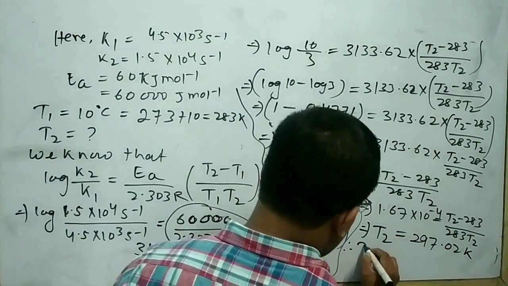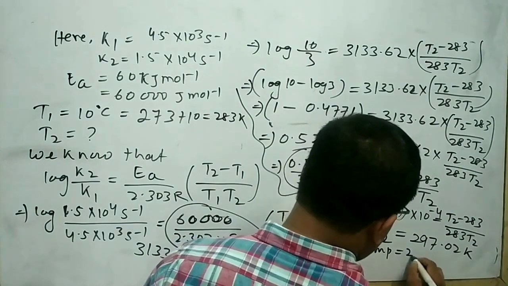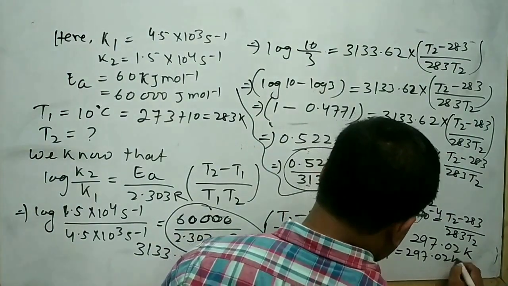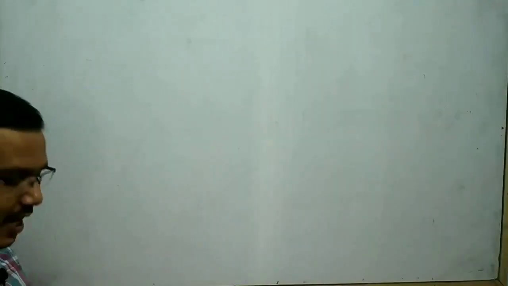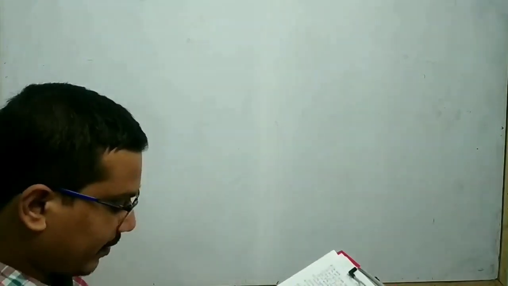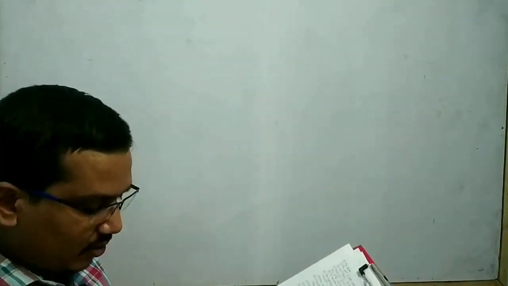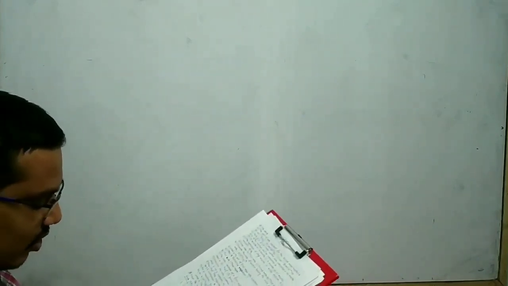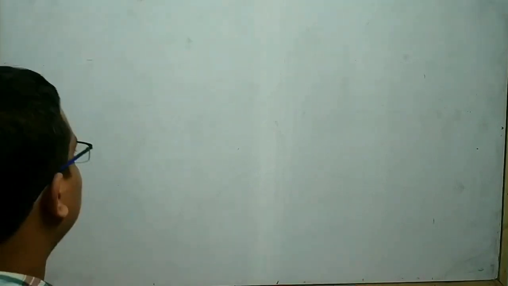Our question is at what temperature would K be 1.5 into 10^4 second inverse. So we can write the temperature is equal to 297.02 Kelvin. Next I will solve question number 7. The rate of reaction quadruples when the temperature changes from 293 Kelvin to 313 Kelvin. Calculate the energy of activation of the reaction, assuming that it does not change with the temperature.